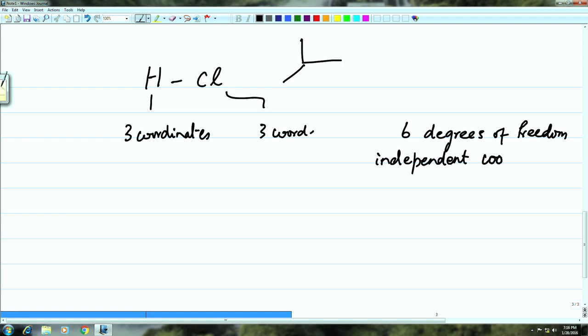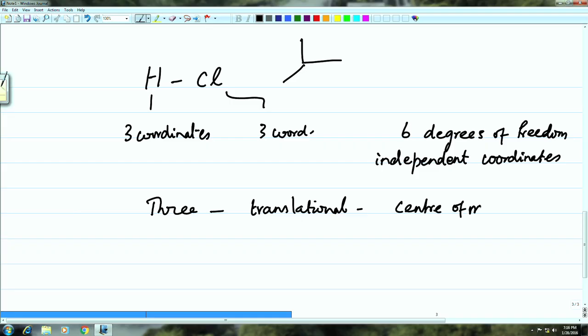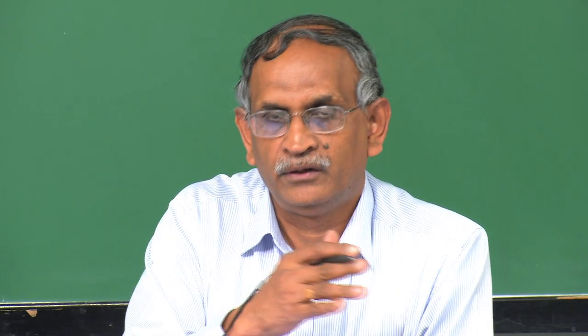And of these 6, it is possible for us to use 3 of them to describe the overall molecular motion, and that motion is the translational motion of the center of mass. The center of mass is, of course, the point in the molecule where we concentrate the entire mass of the molecule, and therefore the motion of the molecule in space is the translational motion, rectilinear translational motion in any one of the 3 directions.